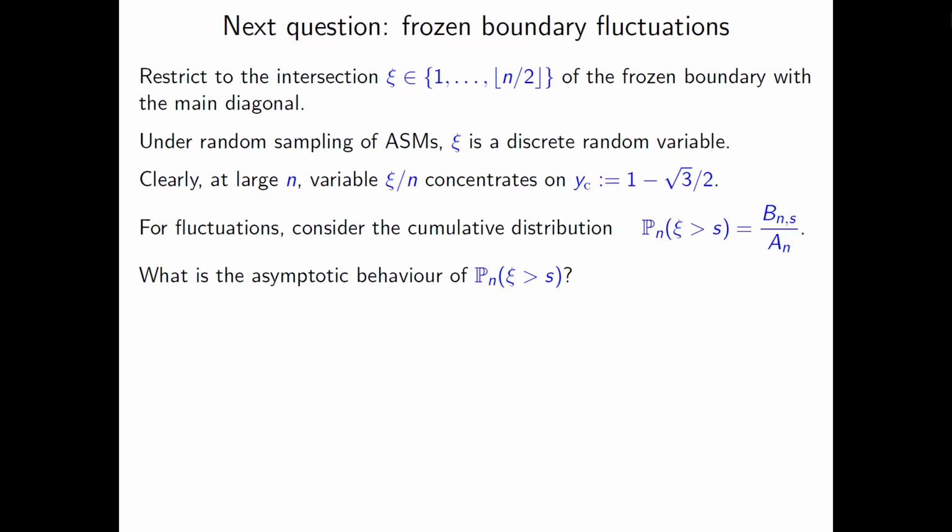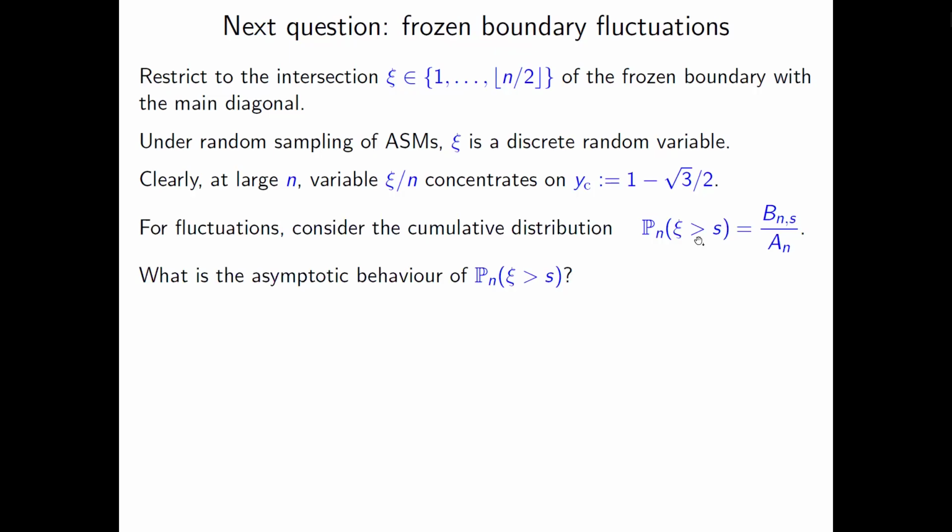So consider the cumulative distribution of the fluctuations, that is the probability that your fluctuating point on the diagonal is larger than some S. It is exactly given by this frozen boundary enumeration, modulo some normalization.